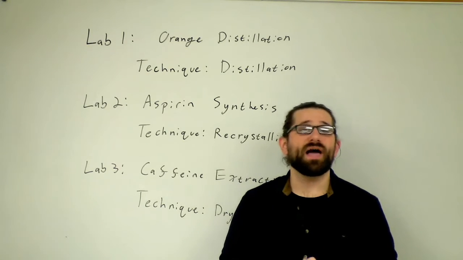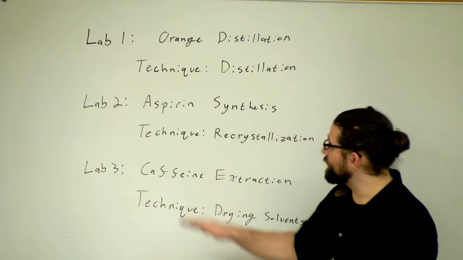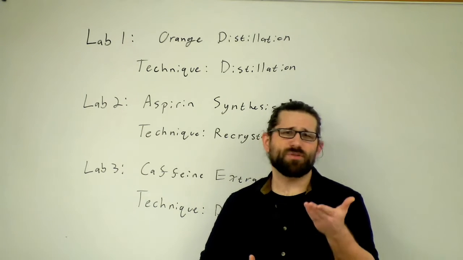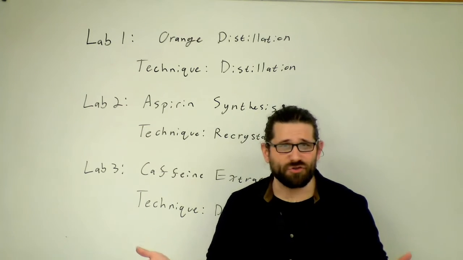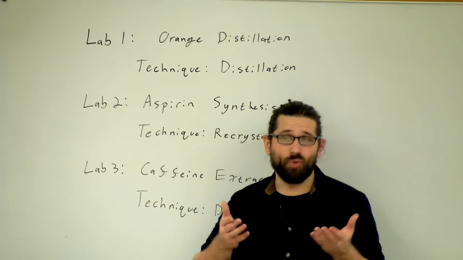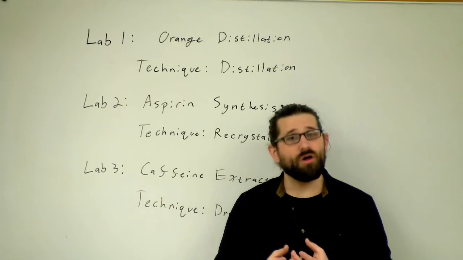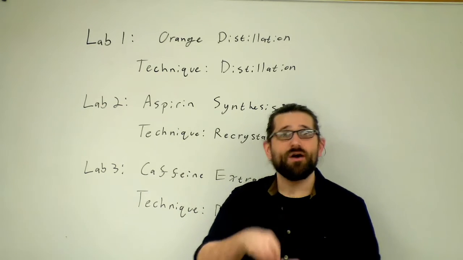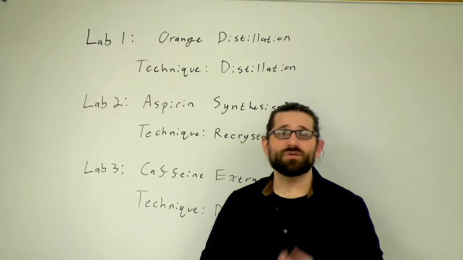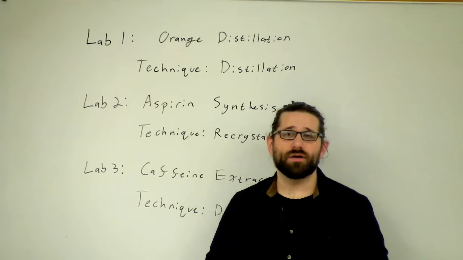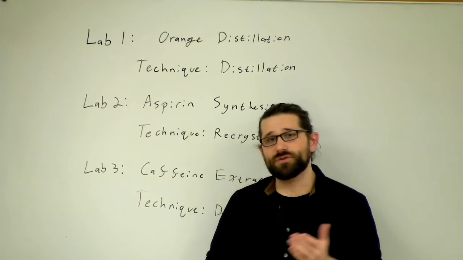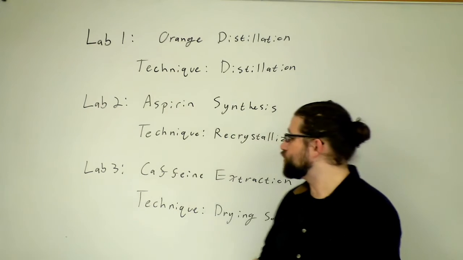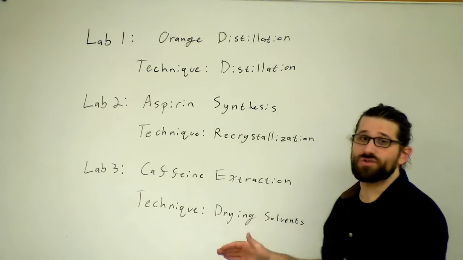And finally, our last lab, we'll be looking at extracting caffeine from tea leaves. So we'll be using just regular tea that you could get at any dollar store, and we'll be boiling that to pull all of the caffeine out of the tea leaves, and then we will be separating that caffeine from everything else using some separatory practices. One of those practices, the main one we'll be using in that lab, will be the drying of a certain solvent.